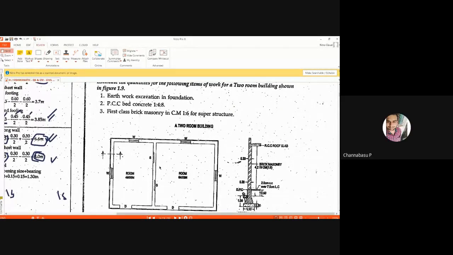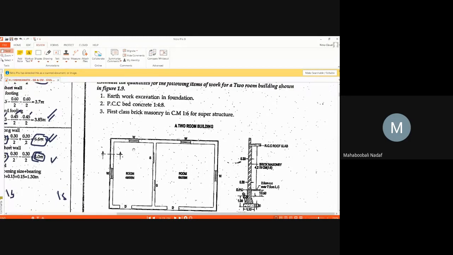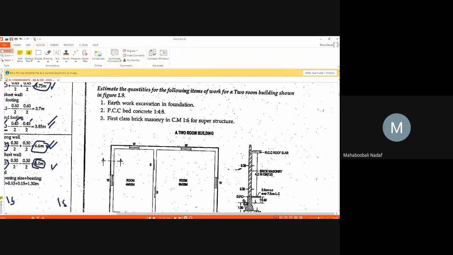In the second example, it is a two room building. Seeing this, in the X direction that might be the long wall, correct? In the Y direction, that might be the short wall, correct? Now, what have they asked us to calculate? Earthwork, PCC, and first class brick masonry.